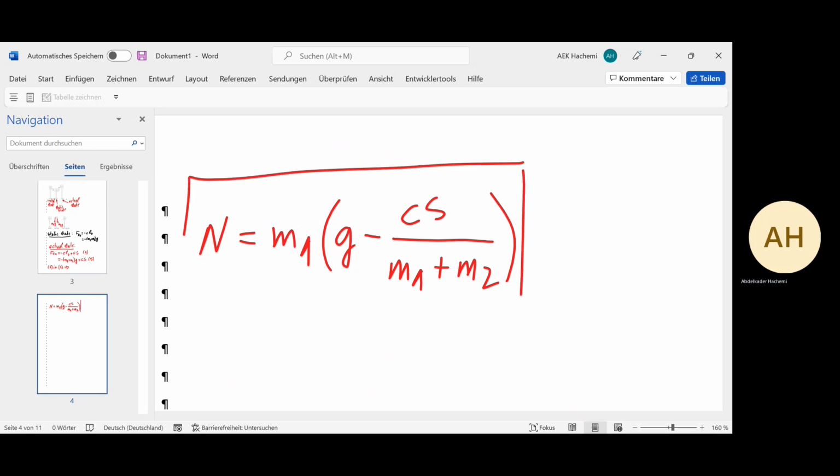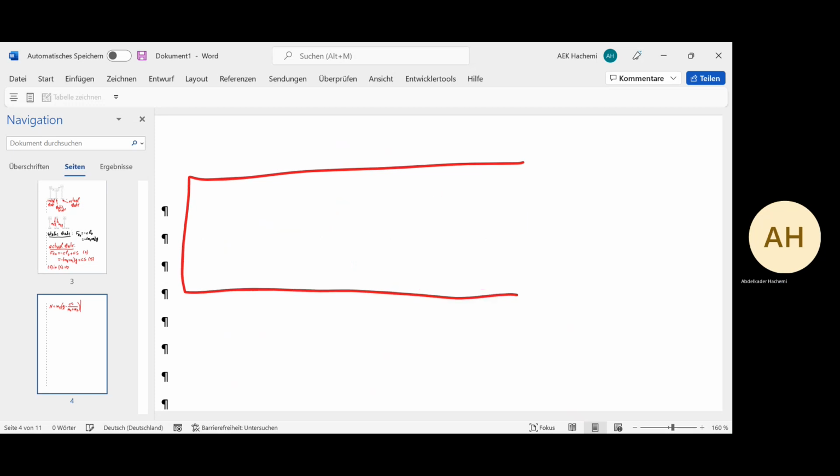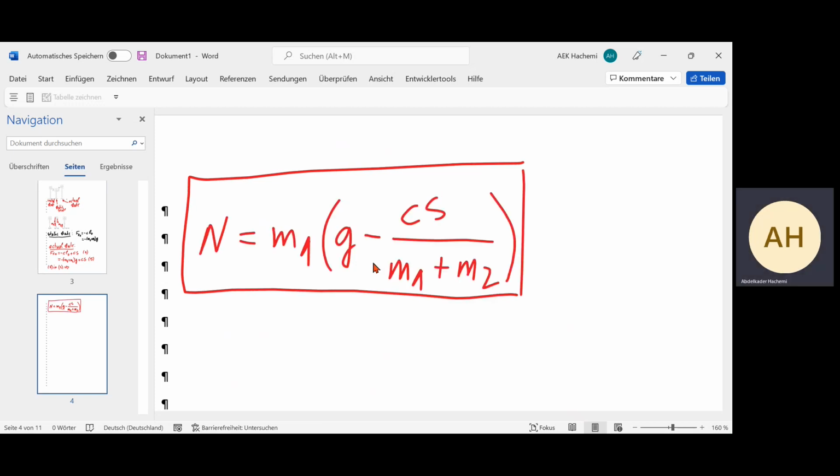This is the contact force between the two masses. Then in this case, we can get this equation now. This is the contact force.